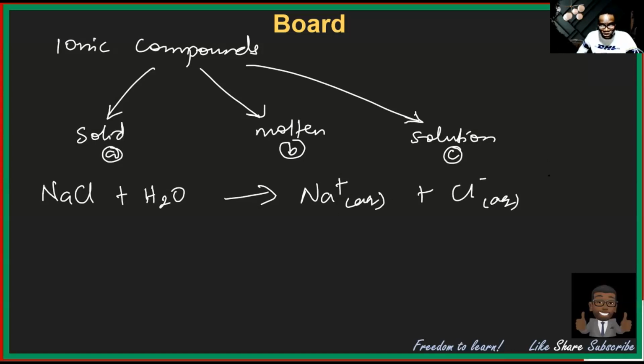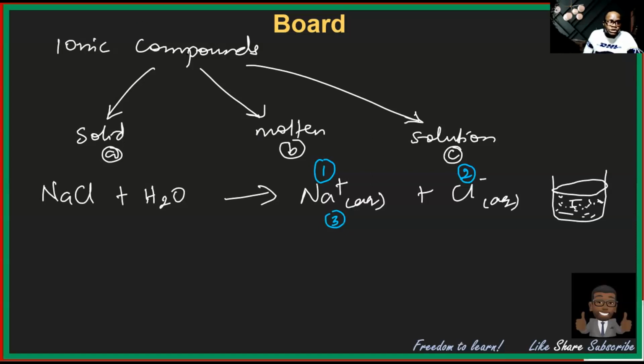If I have a container that contains sodium chloride solution, I would expect that inside that solution there will be 4 ions. Listen carefully. 1, sodium ion. 2, chloride ion. The 3rd ion will be your hydrogen ion from water. The 4th ion will be hydroxide ion.